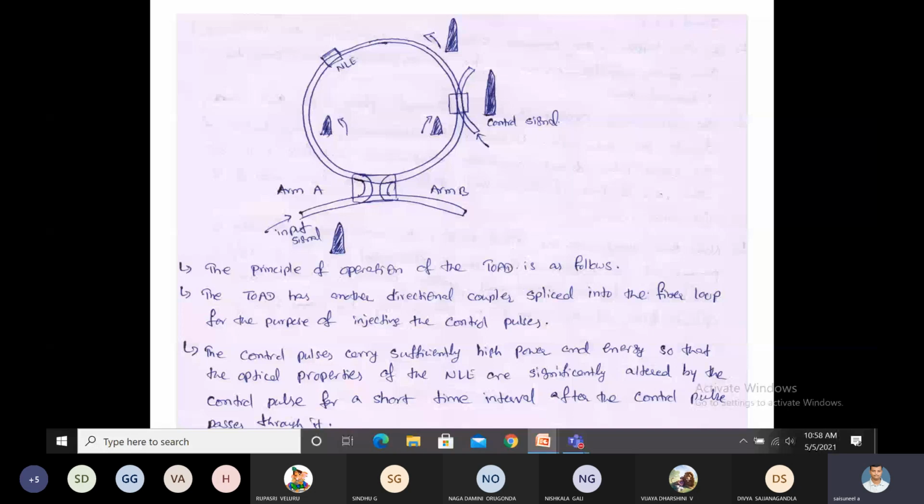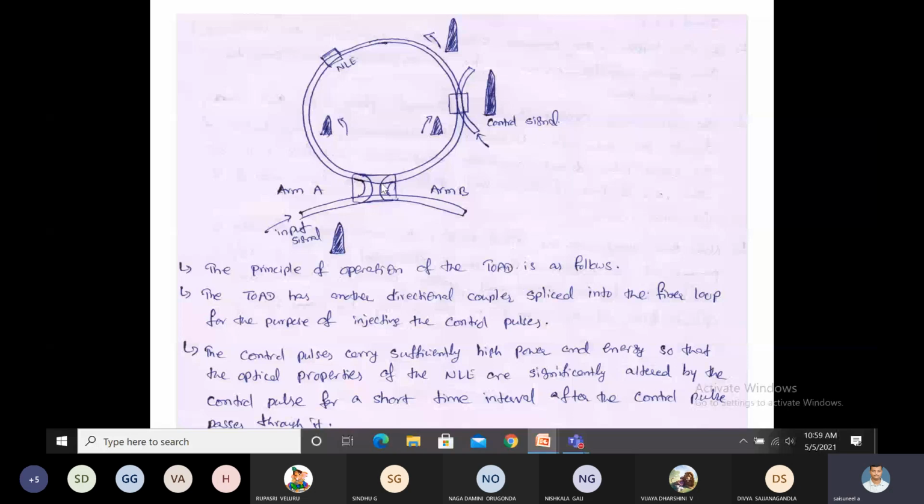You see this one, the original figure of the TOAD: arm A, arm B. The main two ports are connected to the optical loop. But here we have to insert another one for controlling. We use a control signal to amplify the signal.